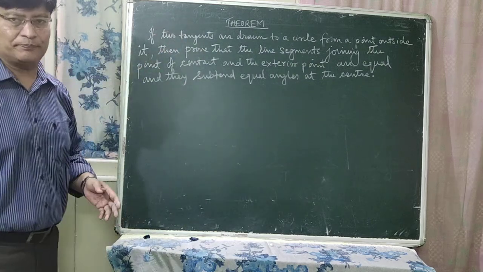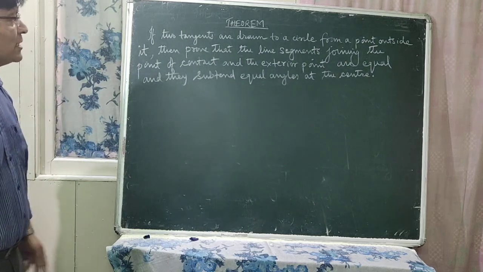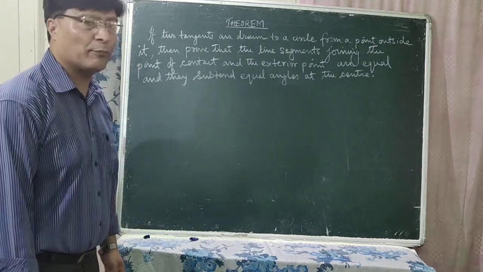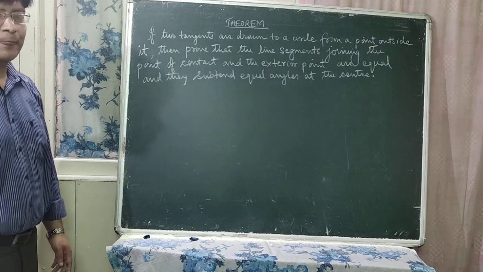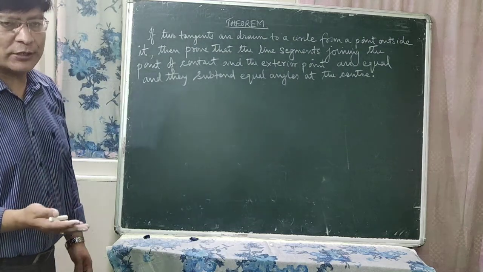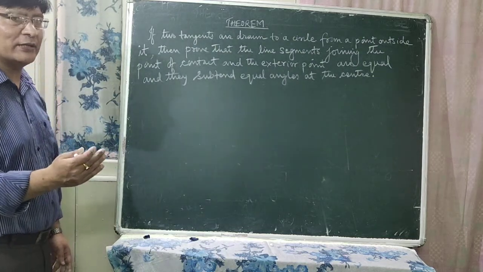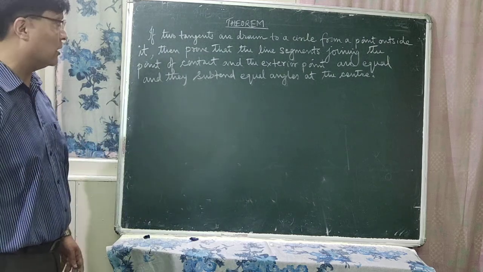If two tangents are drawn to a circle from a point outside it, so outside the circle there is a point, and from that point you can draw two tangents to the circle.